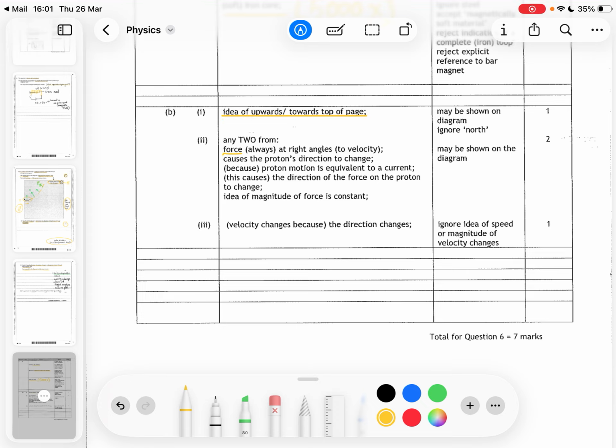And any two from: the force is always at right angles to the velocity or the movement, the direction I said; it causes the proton's direction to change, yes, because the proton motion is equivalent to a current; the direction of the force on the proton changes as it changes direction; but the size of the force is constant. Now I think we would have got full marks.